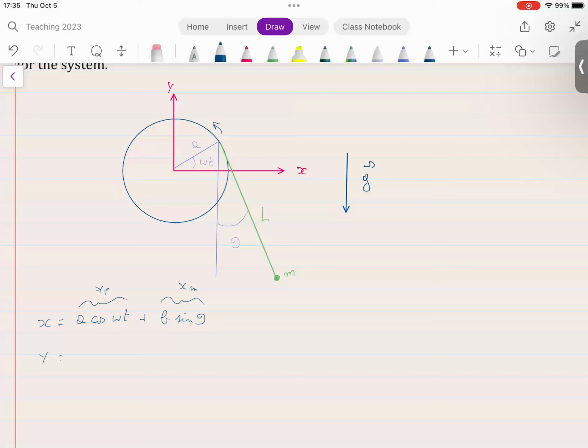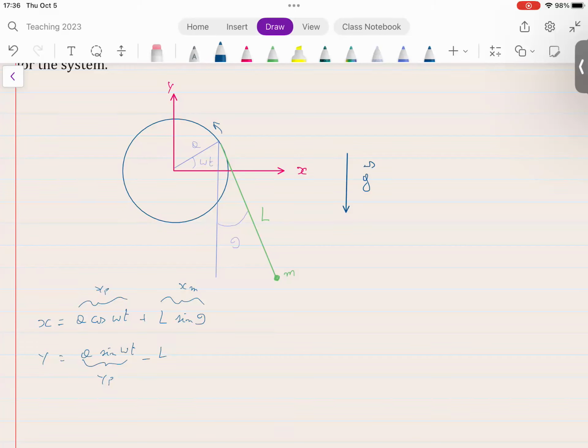And for y, I'm going to have the position of the pivot, a times sine of omega t, minus, since y points up and the pendulum is down from the position of the pivot, minus b times, no, sorry, it's not b, it's L. Sorry about that, I was just following the alphabet.